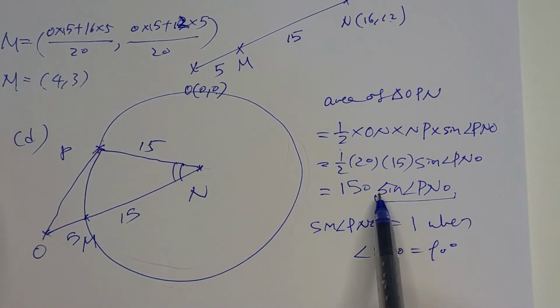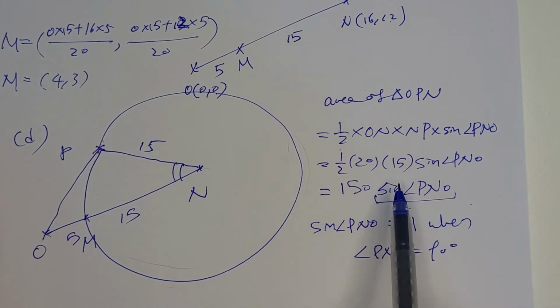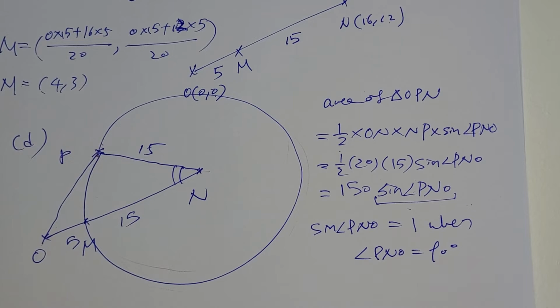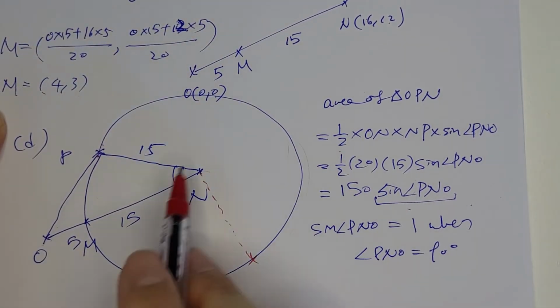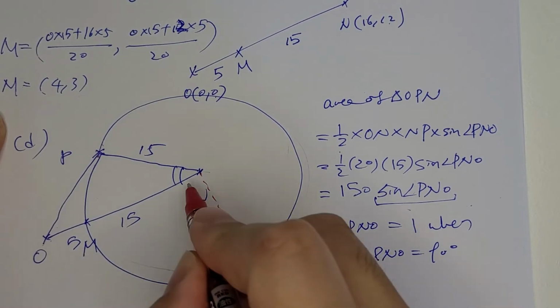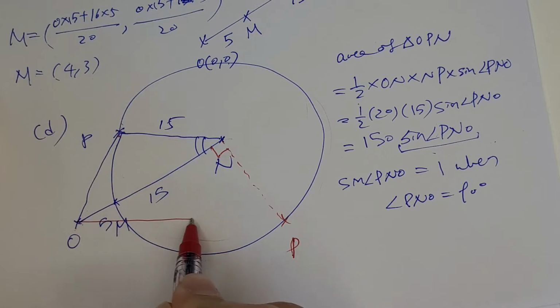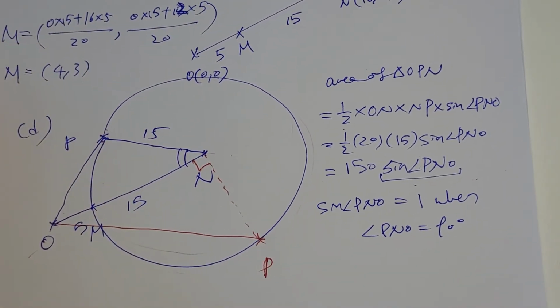We know that the sine function is the greatest at 1 when the angle equals 90 degrees. So that means when angle PNO is equal to 90 degrees, then the corresponding area of triangle PNO will be the greatest.